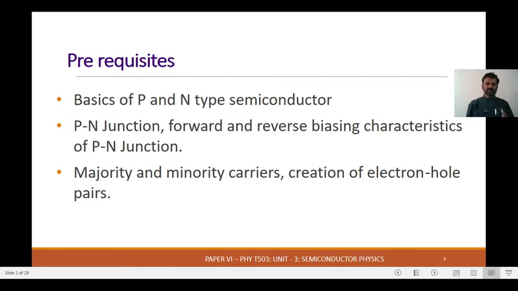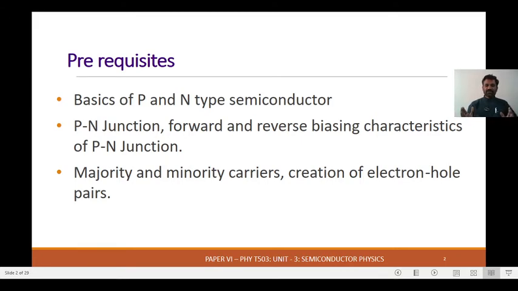When a trivalent impurity is added to a pure semiconductor, it gives a p-type semiconductor, and when a pentavalent impurity is added, it gives an n-type extrinsic semiconductor. Acceptor impurities and donor impurities are added to a semiconductor in order to get p-type and n-type semiconductors.